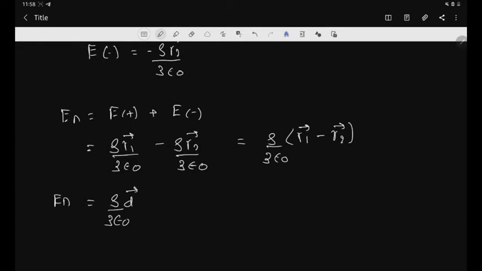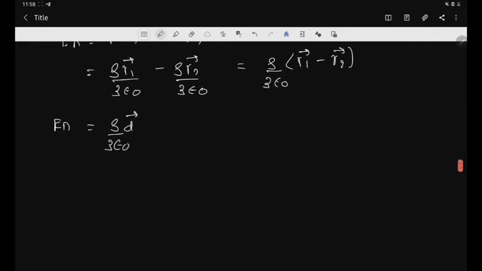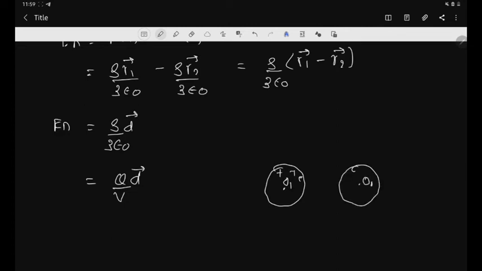We can further simplify this equation by writing the equation for rho. Rho is nothing but charge divided by volume. So rho d is charge divided by volume into d, that is the distance between the centers O1 and O2. For a volume charge distribution, we can consider the charge to be concentrated at center O1, and for the negatively charged distribution, we can consider the charge to be concentrated at center O2.